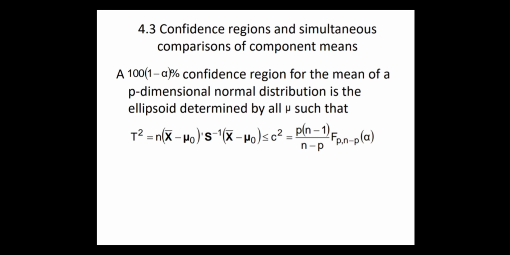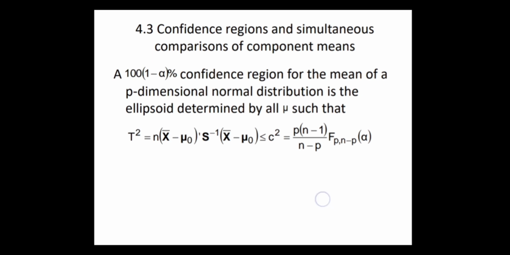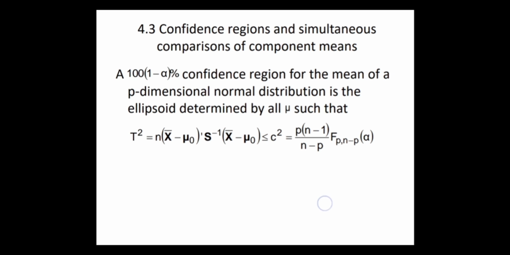Today we continue with the other topic, which is confidence region and simultaneous comparison of component means. From the previous lesson, you have learned how to conduct the test, which is the Hotelling T-square test and likelihood ratio test, to know whether the mean vector is the plausible value for the mean of the multivariate population, right?